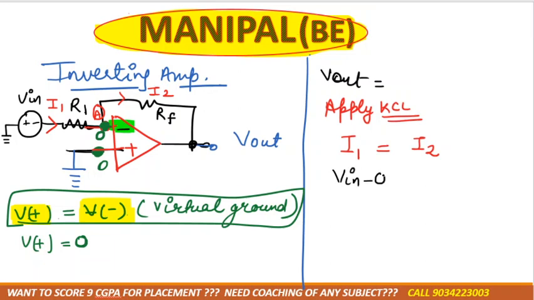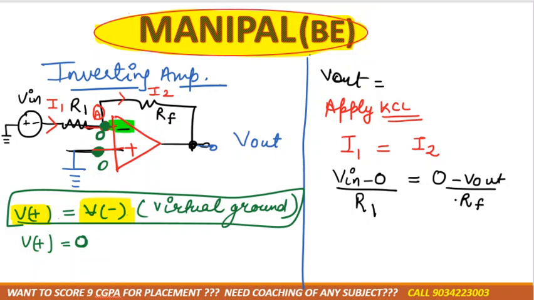V in minus 0 divided by the resistance in its path, that is R1. Correct? Now similarly convert the value of I2 in terms of V by R and then let me know. So it would be 0 minus V out divided by RF.